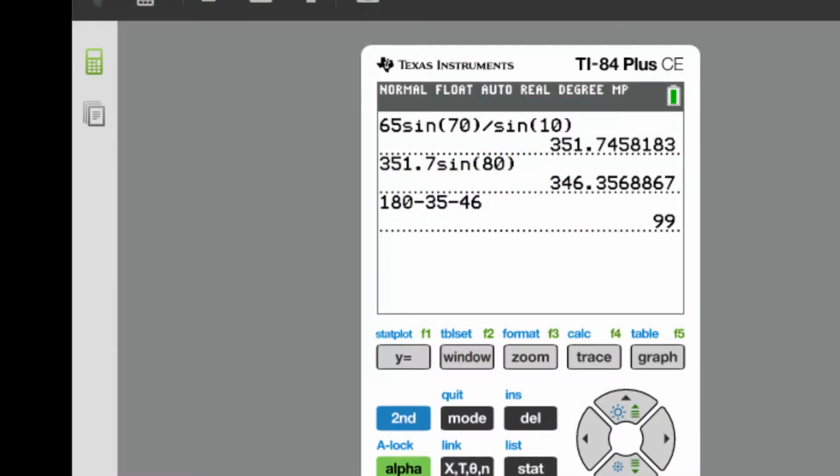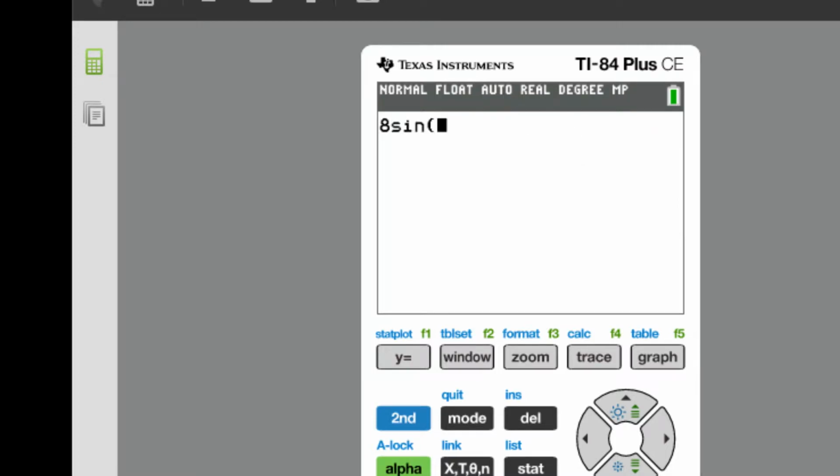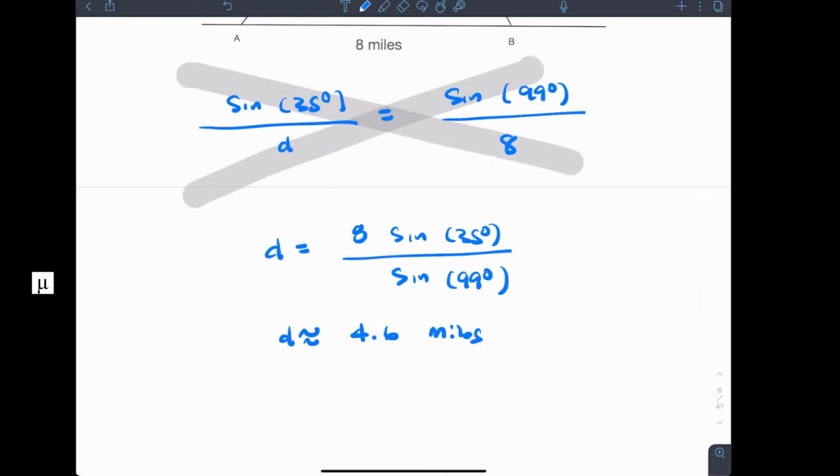Okay, we're going to have 8 sine 35 divided by sine 99. And what do you get? What is D going to be approximately? D is what? 4.6. I don't know. I think it's in miles. So, yeah.